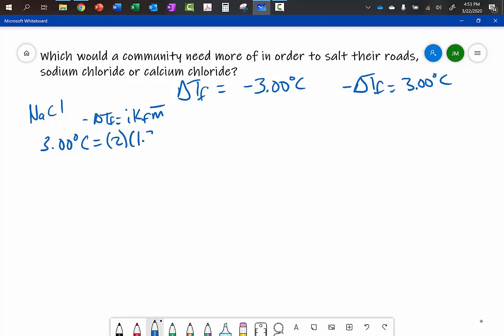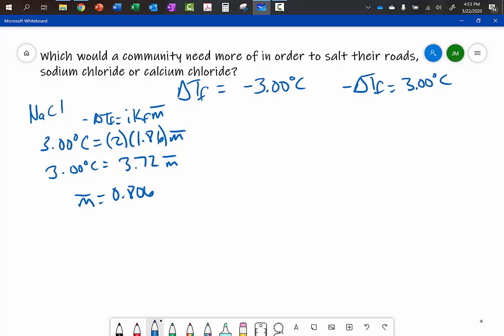My Kf is 1.86. And I'm going to figure out what concentration I would need to make this happen. So when I solve for molality, I should get 0.806.